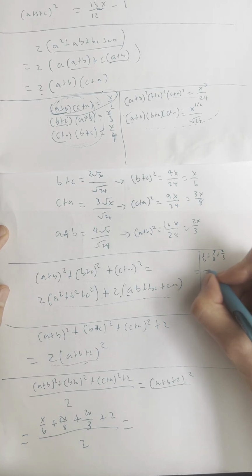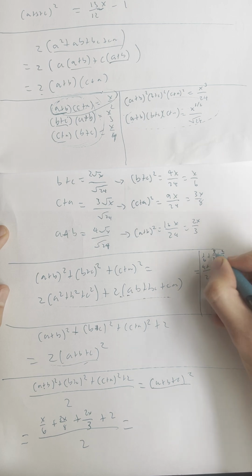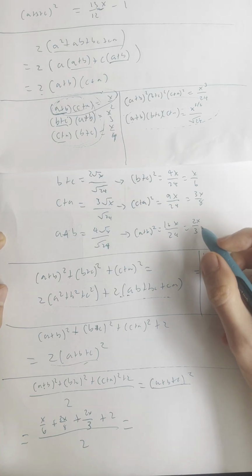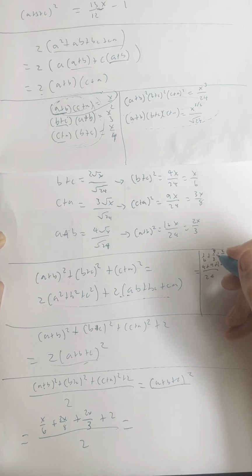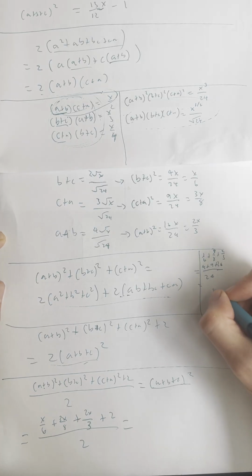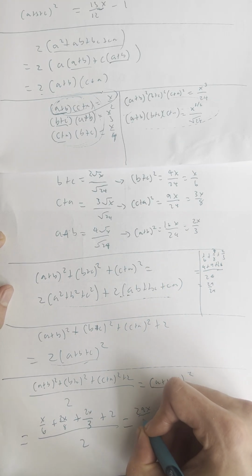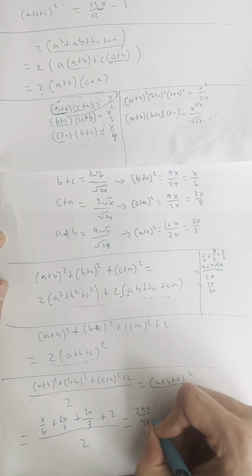The least common multiple is 24. So 4 plus 9 plus 16. We should have never reduced these. 4 plus 9 plus 16 is 29 over 24. So 29x over 48 plus 1.